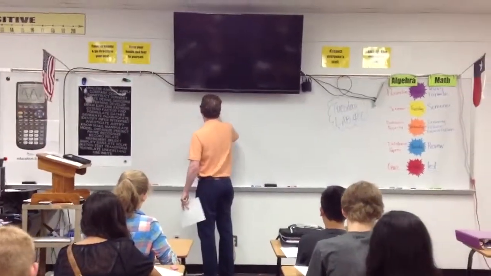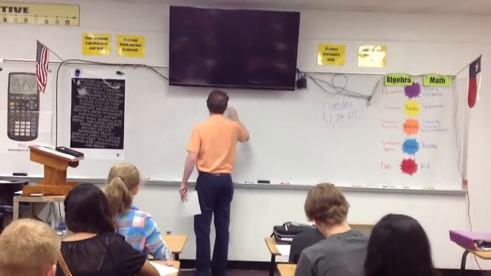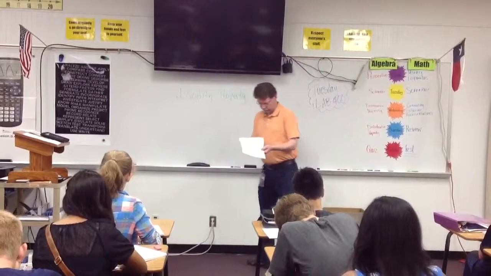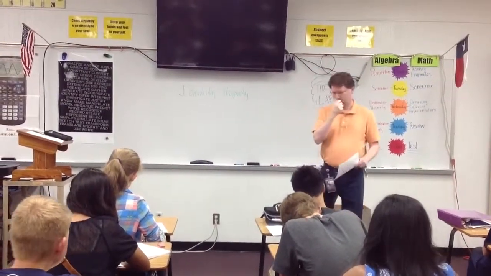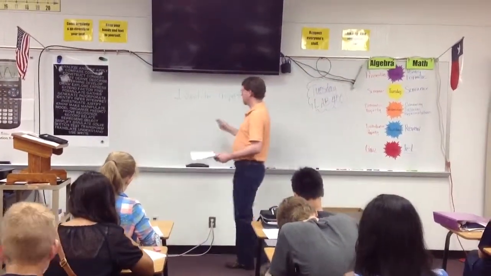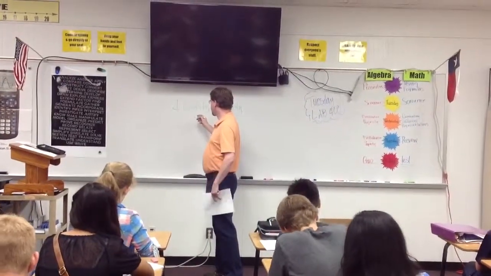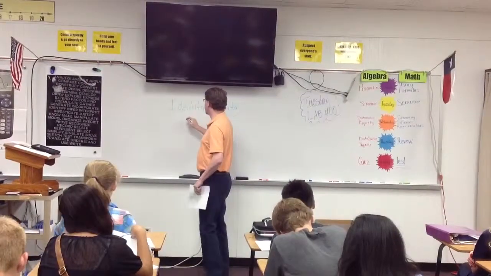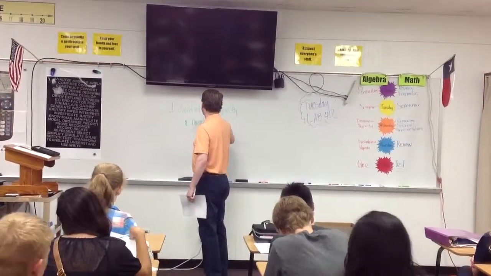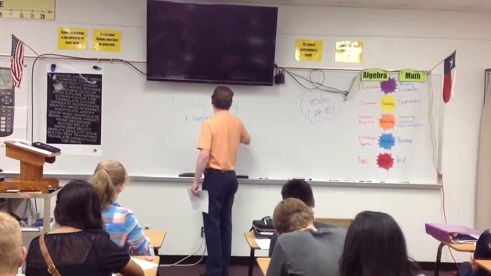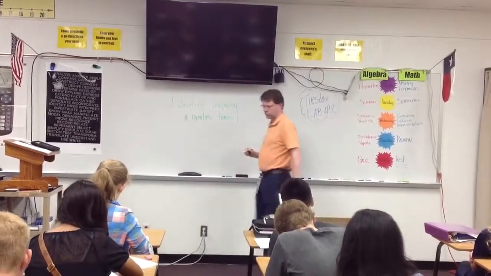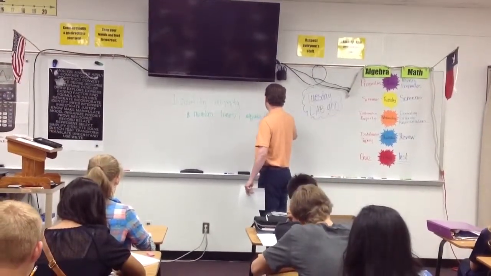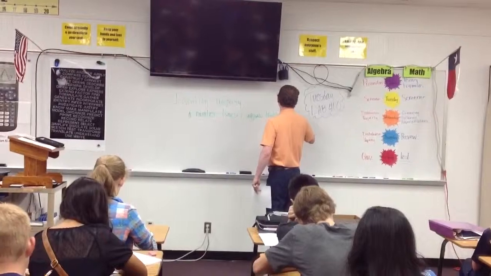Now we have the identity property. This one's a little bit different. The identity property of multiplication says that a number times 1 equals that same number.